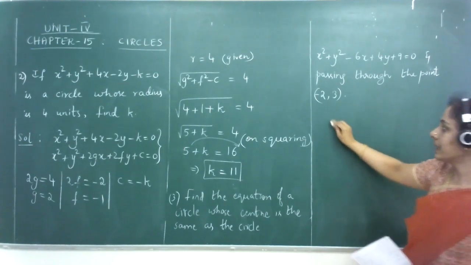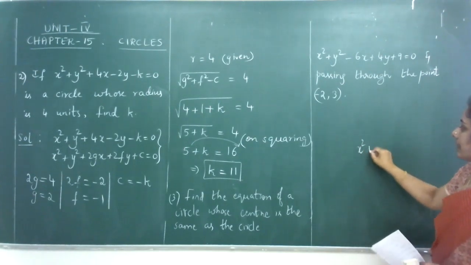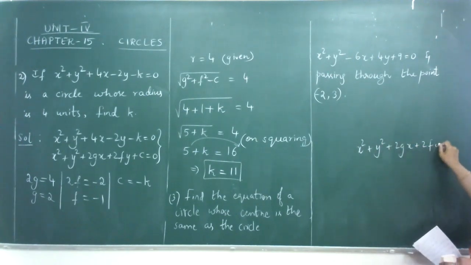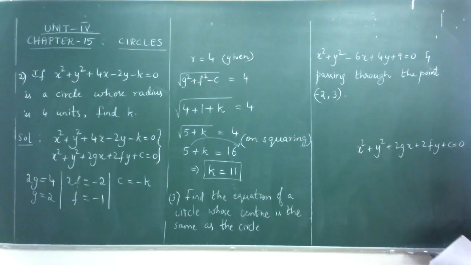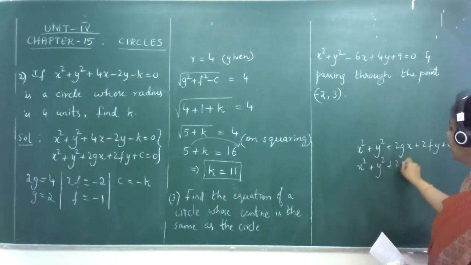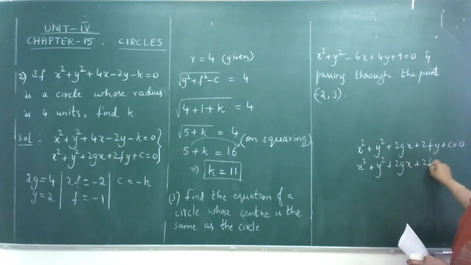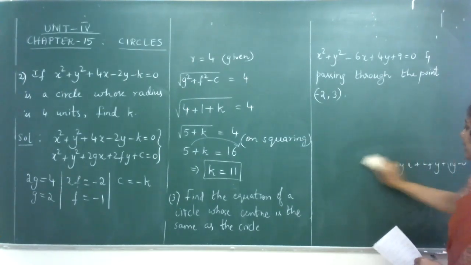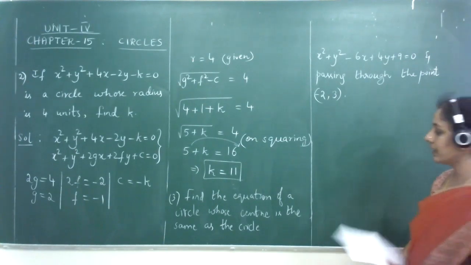Whenever the equation of the circle is x squared plus y squared plus 2gx plus 2fy plus c equal to 0, another circle concentric with it is in the form x squared plus y squared plus 2gx plus 2fy plus k equal to 0. It is just enough to change only the constant in the equation. The same property we will be using here again.